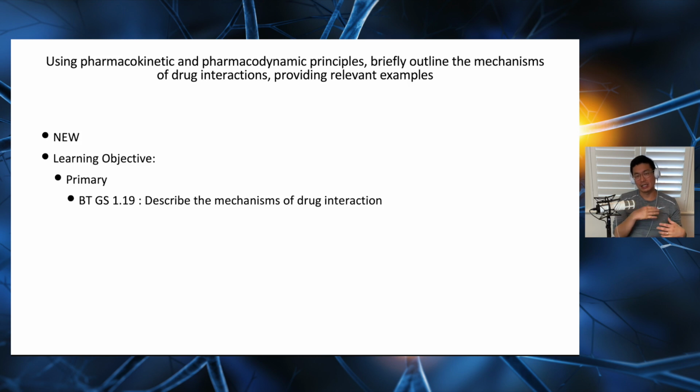Because I think the danger is that a lot of trainees would go by systems: cardiovascular, respiratory, CNS, when it's probably trying to focus on a broader idea in terms of the additive effects, the synergistic effects, or the antagonistic effects.